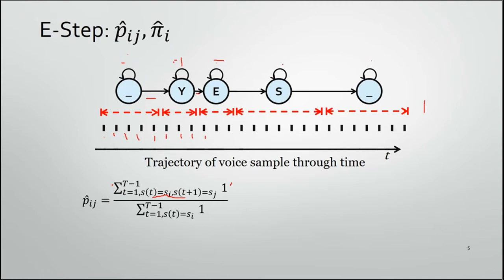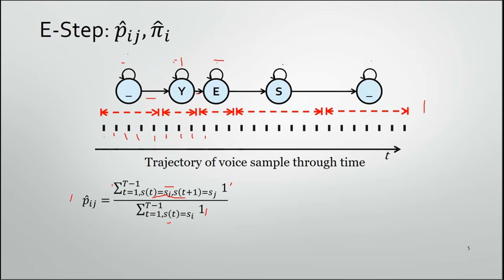So here this is the expression for Pij. The numerator is how many times this transition occurs, and the denominator is the number of times the HMM stays in a particular state, St equals Si.